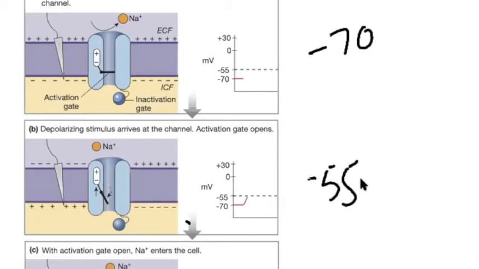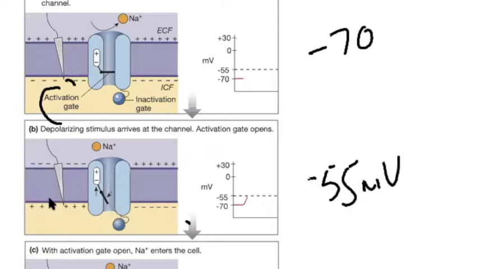At that voltage, this opens up this little channel over here called the activation gate. It opens up, which allows sodium to go inside the cell right here. So it's voltage gated. When it senses that it's depolarized to -55 millivolts, it opens up.